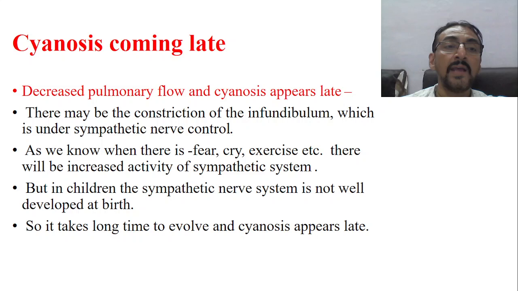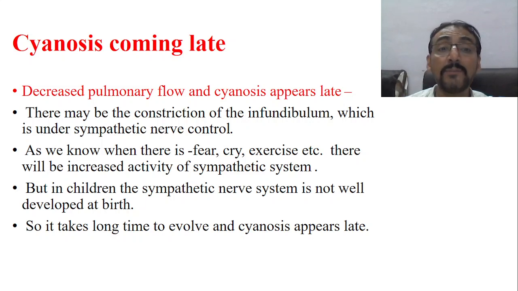Now what happens is, as we know, when there is fear, when there is crying, when there is exercise, there will be increased activity of the sympathetic nervous system, isn't it? Whether it is fear, cry, or exercise, sympathetic activity increases. As soon as sympathetic activity increases, the blood flow actually increases. Okay, it increases. But in children, the infundibular area, from where the right pulmonary trunk and aorta open out, that is the infundibular area.